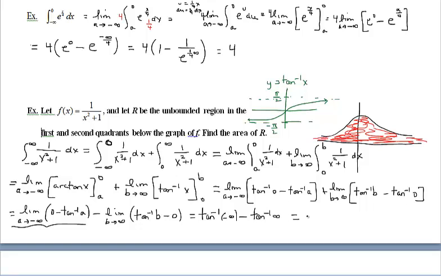That's going to be negative pi over 2. I think I forgot my 0 over here. I did, didn't I? So this should be 0 minus. I knew that was going to be positive. So this is the opposite. I'm going to have the opposite of negative pi over 2, that negative coming back from where I had the 0 minus. And then I have minus. Hoping that one's right. And now what is the arctan of infinity? As I go to infinity, my y values are going to positive pi over 2.